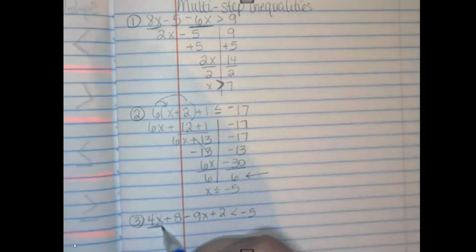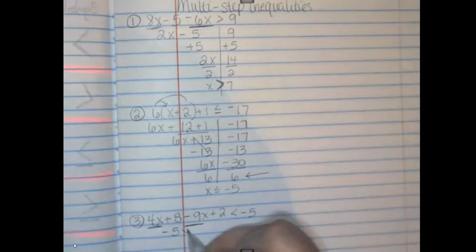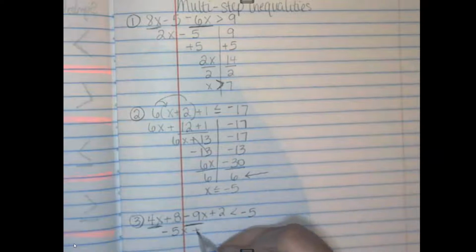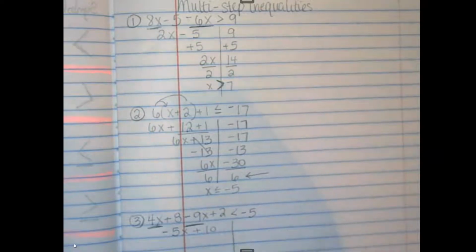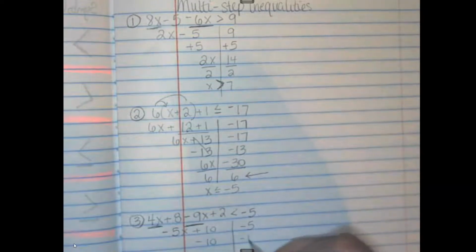So 4x minus 9x is negative 5x. 8 plus 2 is 10. Subtract 10 from both sides. Always start with that add and subtract. Divide by negative 5.